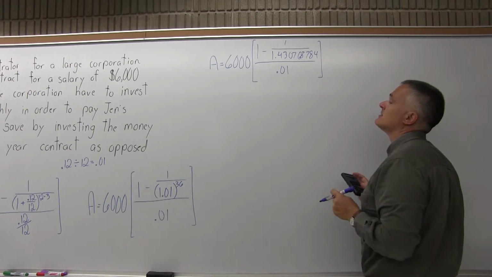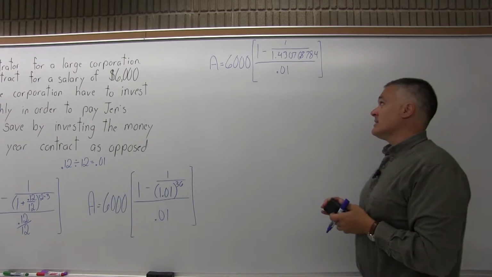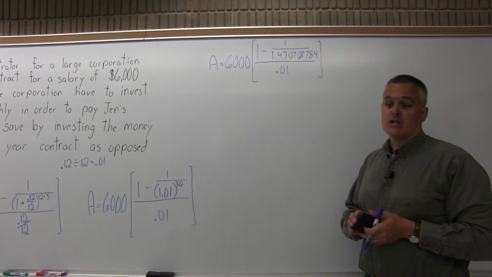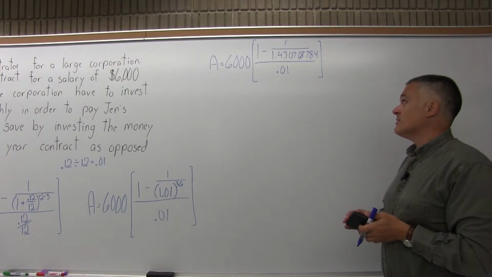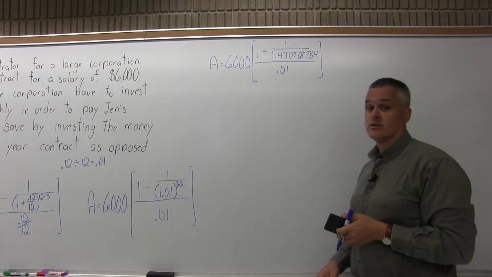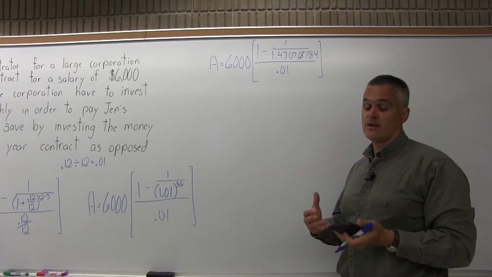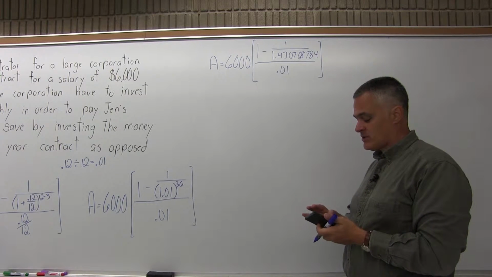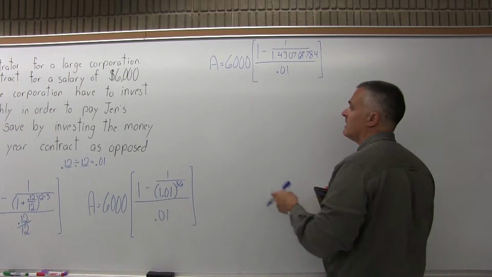Close up the brackets. So in my brackets, in the numerator, I have 1 minus a fraction. I want to simplify the fraction, being 1 over 1.430768784. So I'll do the division. Again, with my calculator, there's a 1 over x button that I can press, which most calculators do have.